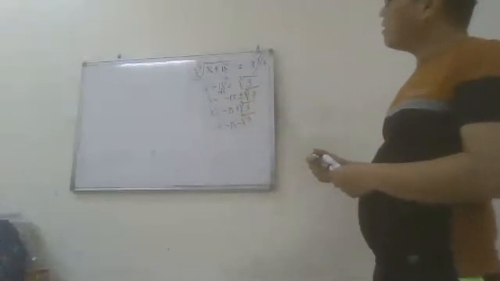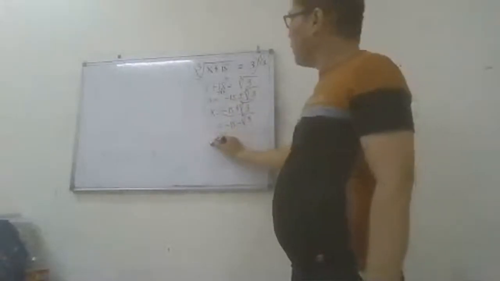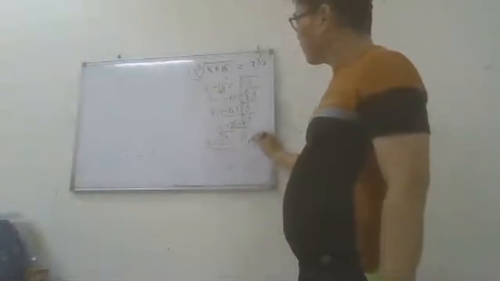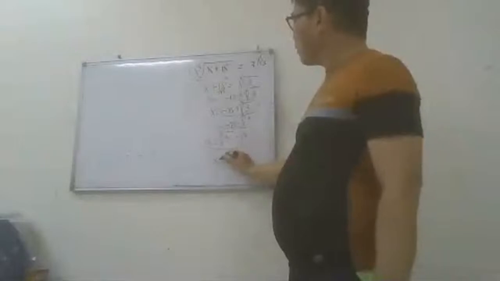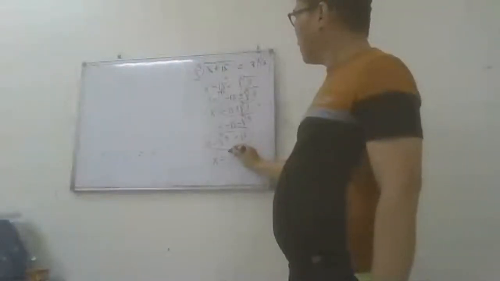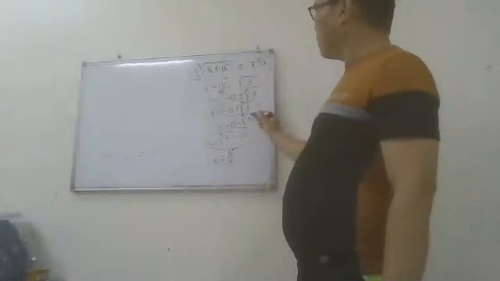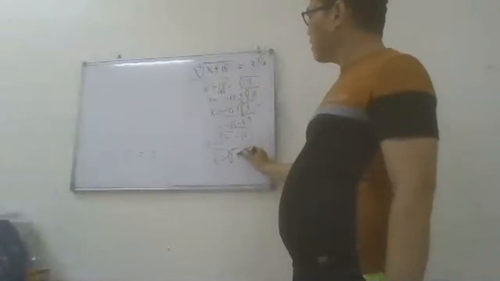Actually, guys, this expression can also be written as the cube root of 3 minus 15. This one. And the other one, x is equal to the cube root of 3, since this is negative, this is negative, then plus.